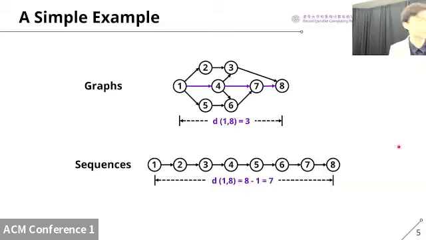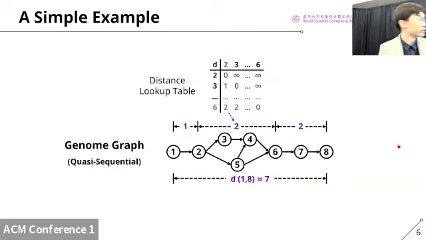Let's begin with a pretty simple example to showcase our idea. Suppose you are trying to find the distance between vertices in a graph; then you need graph searching or graph traversal algorithms. But if you are handling a sequence, you can simply get the distance by subtracting their indices, right? So the sequential version of the algorithm is much simpler than the graph version.